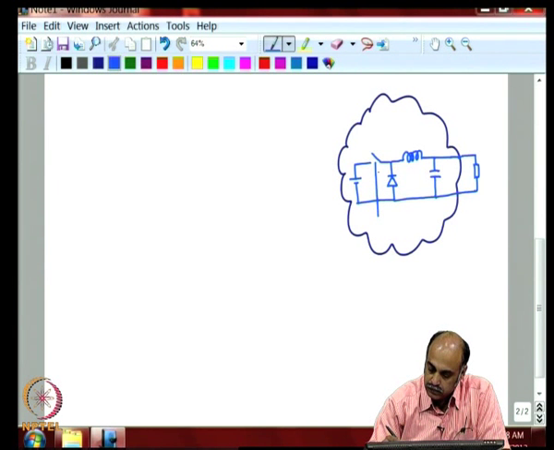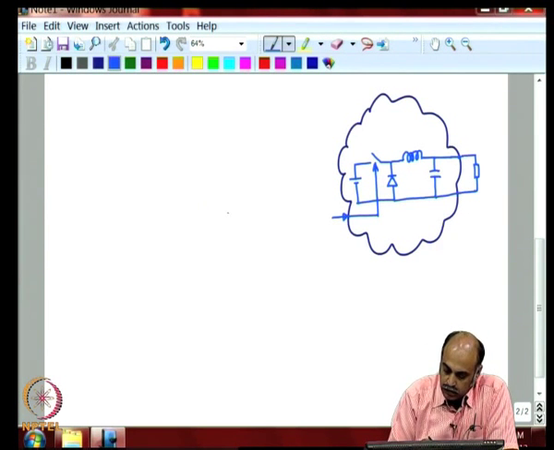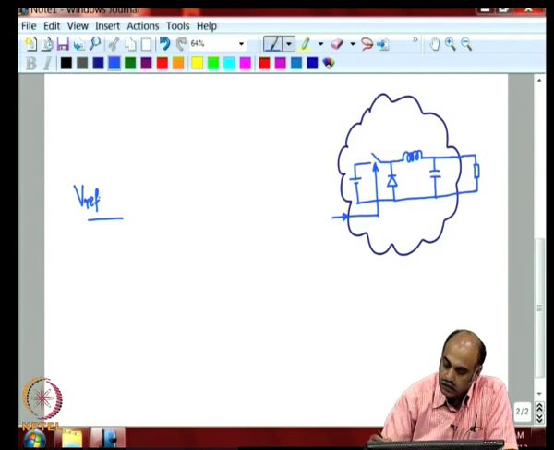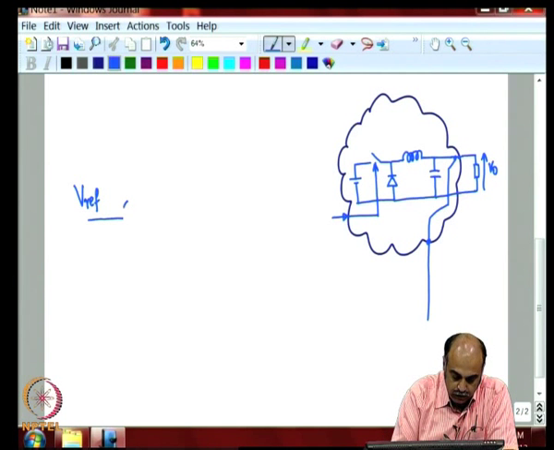Now, this semiconductor switch is controlled by the controller which gives a PWM output, and we used to have here somewhere a voltage reference, and if this is V naught here, V naught is fed back, plus and minus.